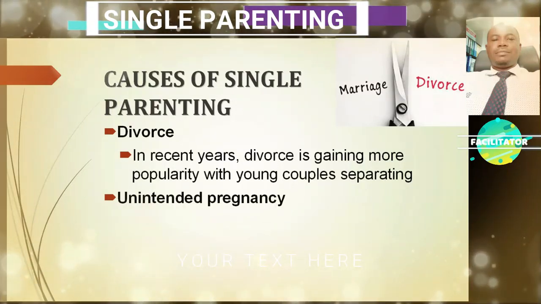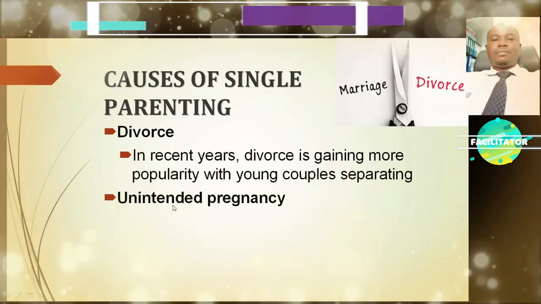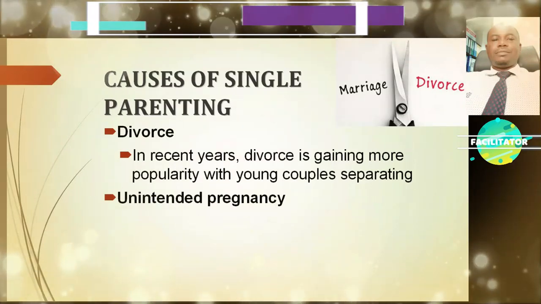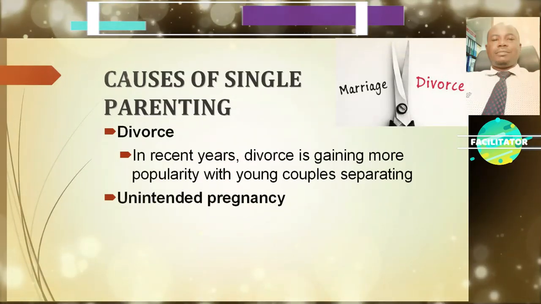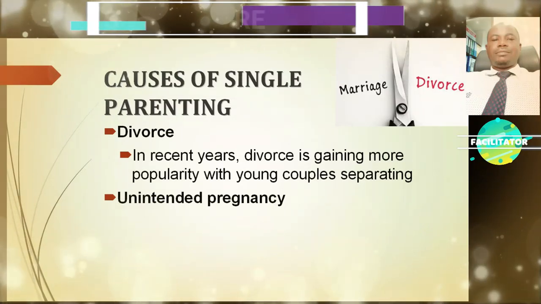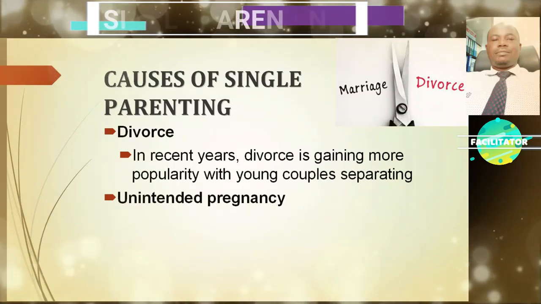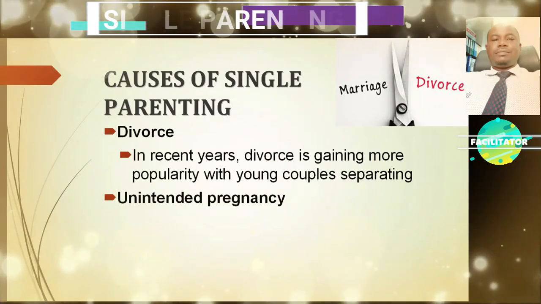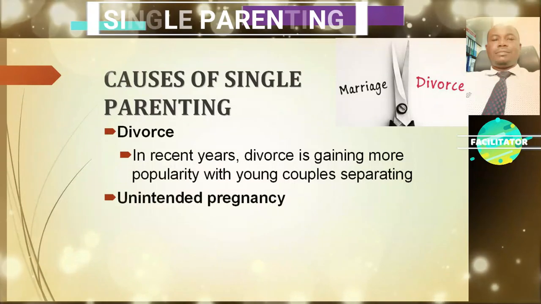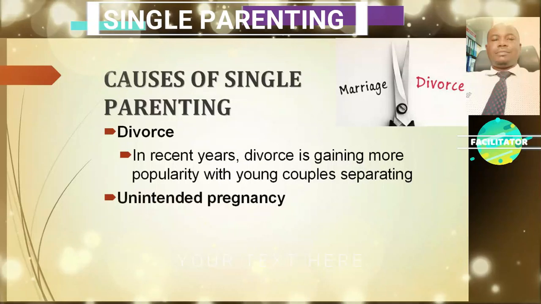And then the next cause that we can look at is unintended pregnancy. Some young men and young women, some of them teenagers, some of them students, unintentionally get pregnant, and as a result, they end up living with their kids alone, because the partner might not be financially sound enough to marry the person.